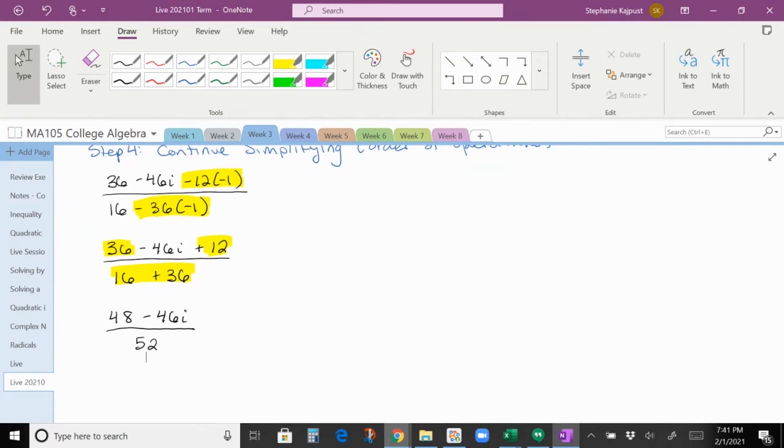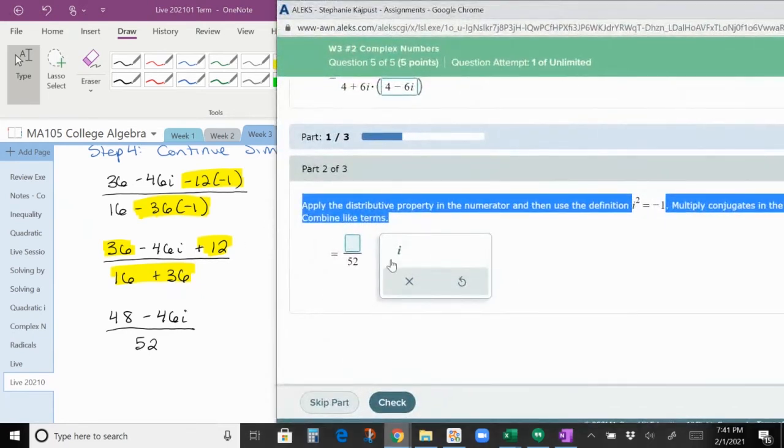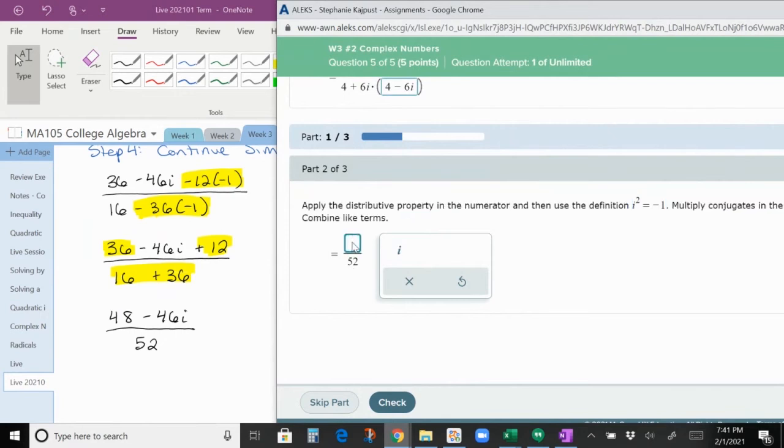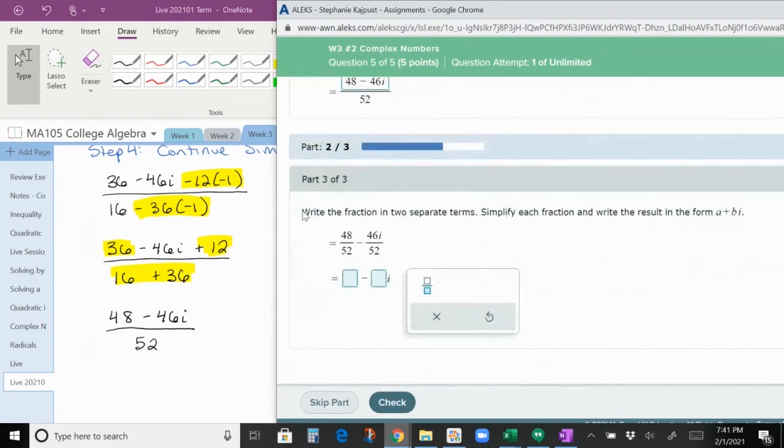And this is the point that they wanted you to get to on part 2 here, where you get your denominator as 52. So on the top, I can write 48 minus 46i. Now, part 3 is we want to separate the fraction because we want to put it in the form where you have a number without i added to something with i.